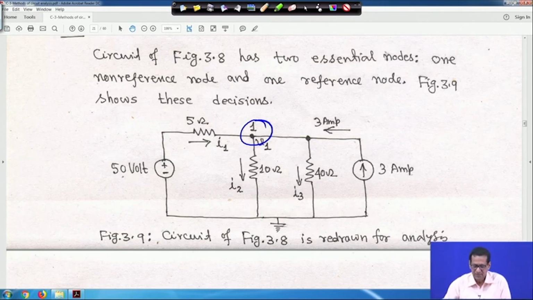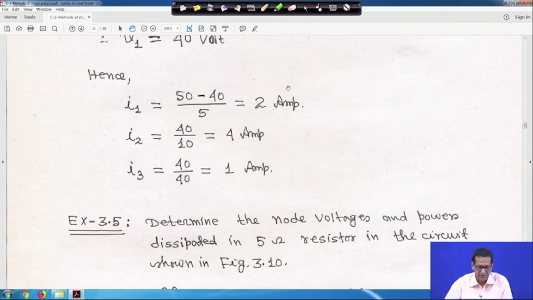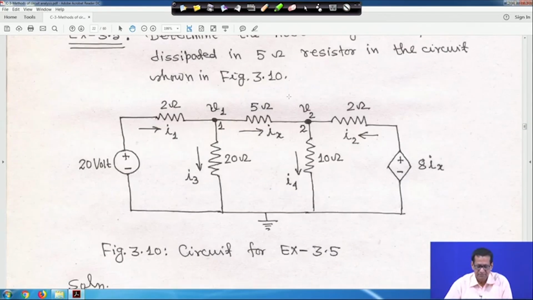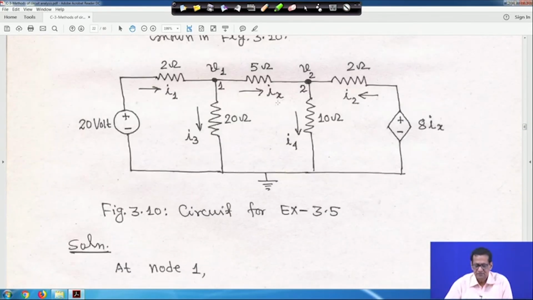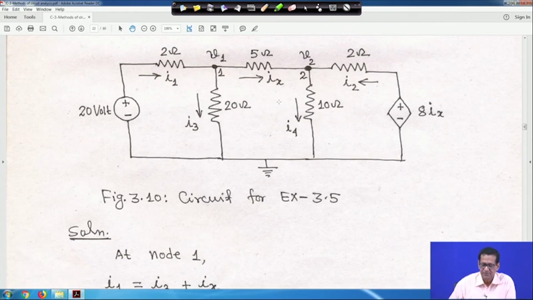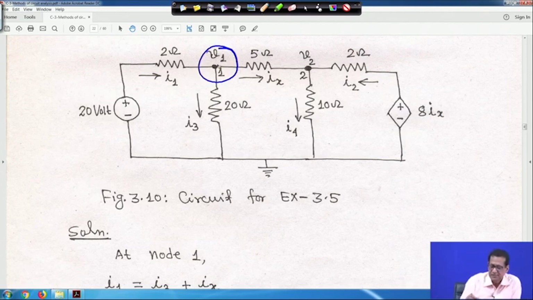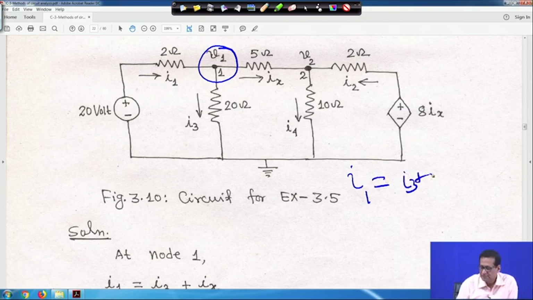Just hold on, let me clear this first. We went to that previous one by mistake. So, here, at node 1, if you apply KCL, I1 is equal to I3 plus Ix.